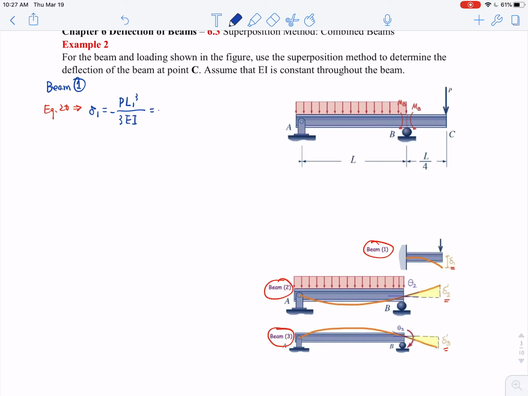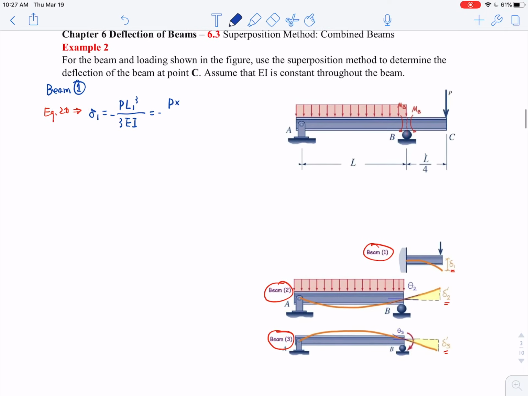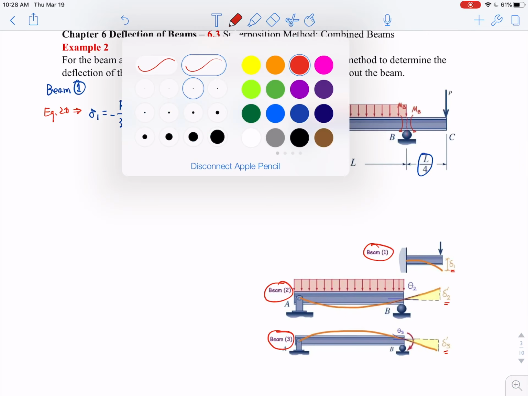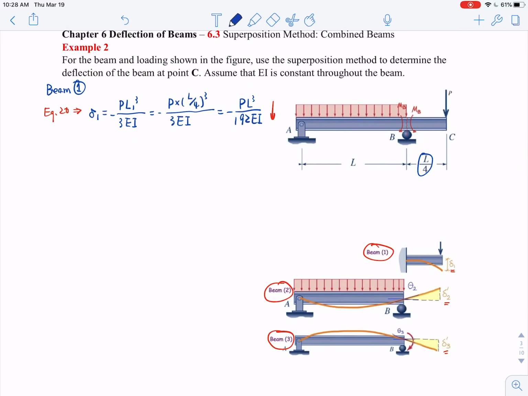Since L1 here is L over 4, it's negative P times L over 4 cubed over 3 EI. That will be negative PL cube over 192 EI. This is a downward deflection. So we're done with beam 1.